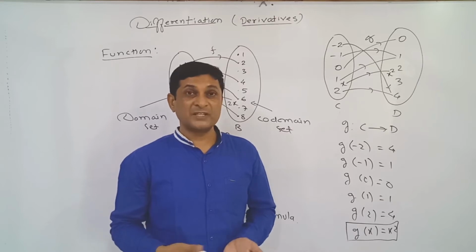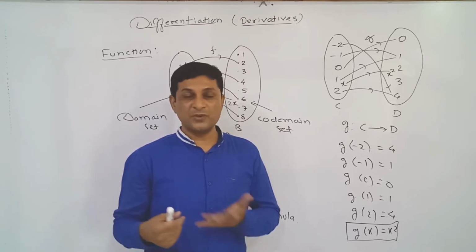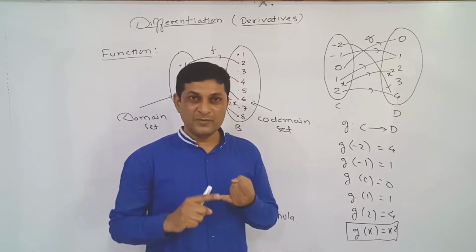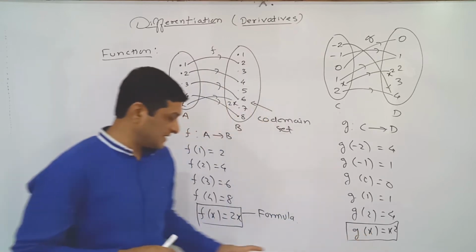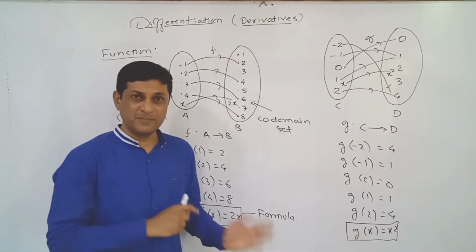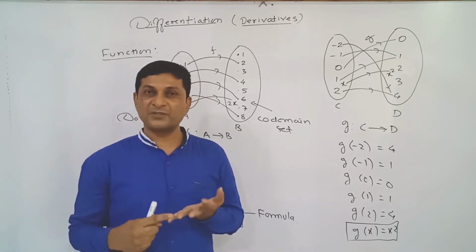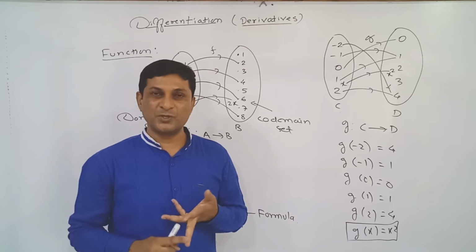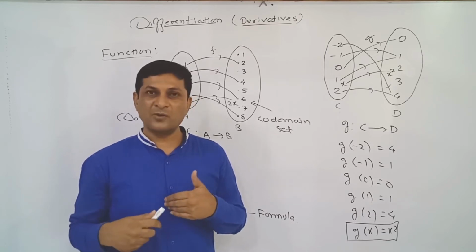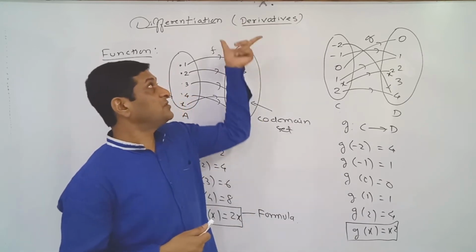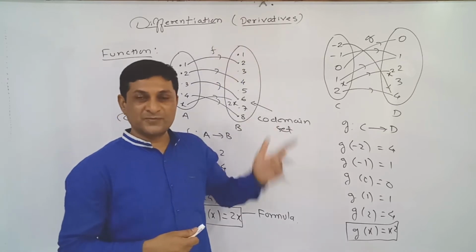Already you know that functions are of how many types, which you have studied in class 11. Algebraic function, this is also a simple example of what? Algebraic function. Then you have studied trigonometric functions, logarithmic functions, exponential functions, and now we are going to find the differentiation of all these functions.